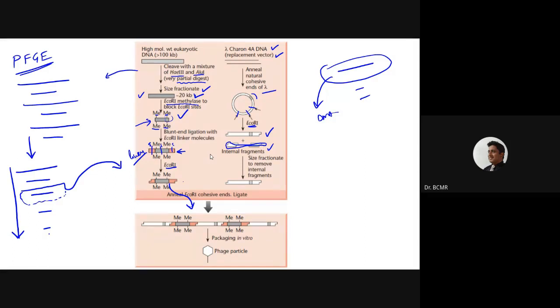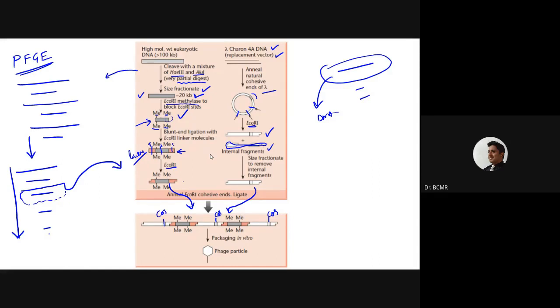Once that is over, we mix it along with the processed fragments, and then we add ligase. Once we add ligase, there are multiple possibilities. One of them is this is a cos site, this is another cos site, and this would be another cos site.